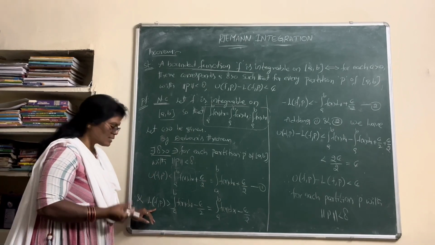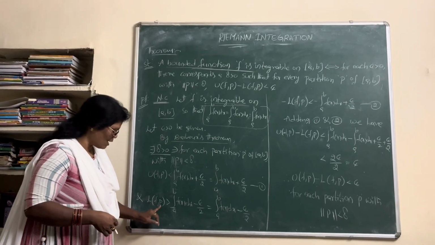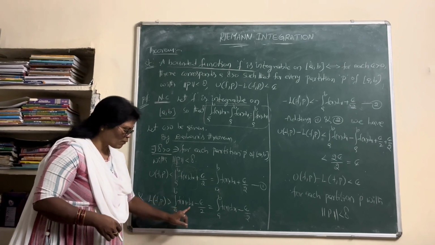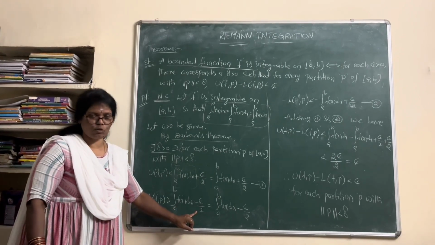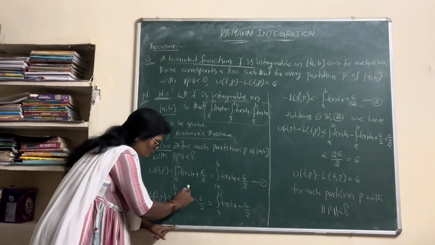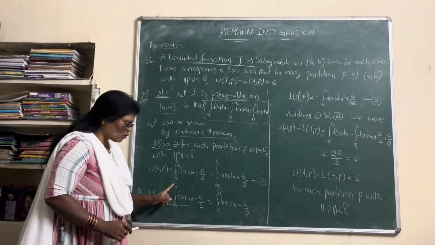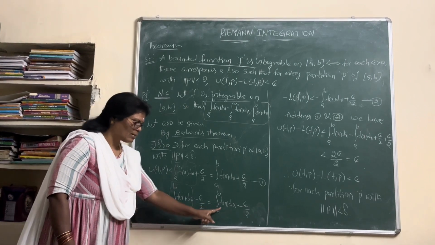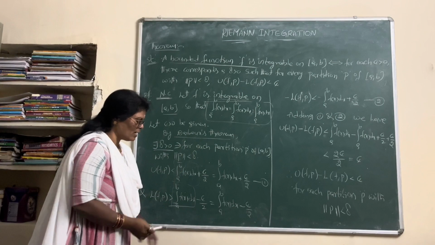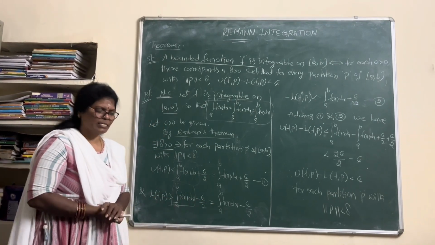In the second case, the lower Riemann sum L(f,P) is greater than the lower integral of f from a to b minus epsilon by 2, and similarly from this condition it is the integral from a to b of f(x) dx minus epsilon by 2.